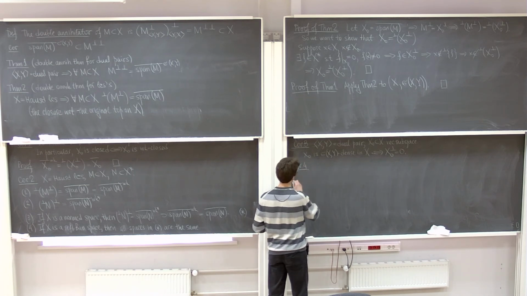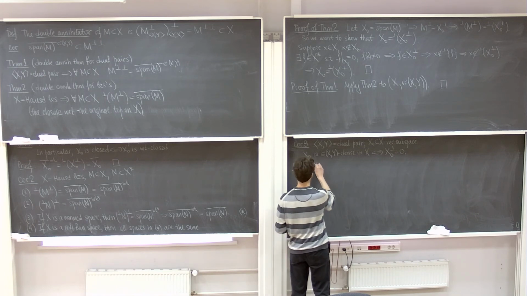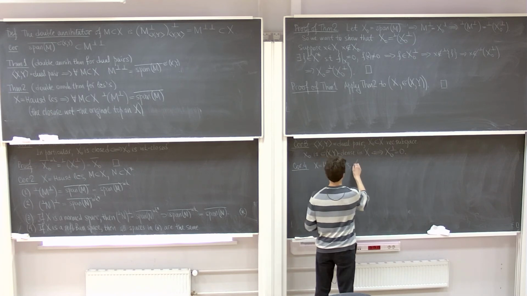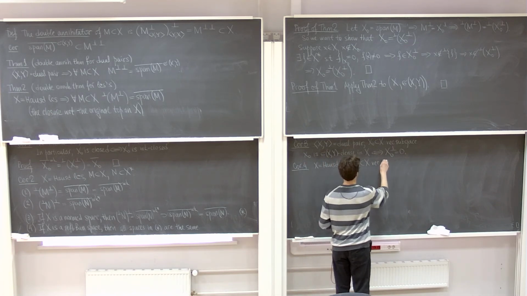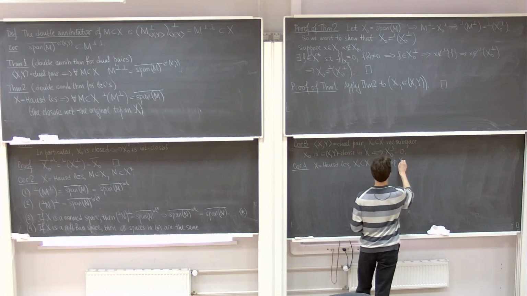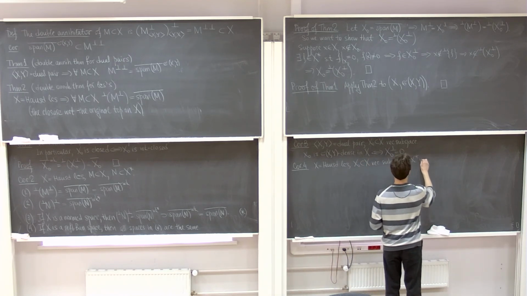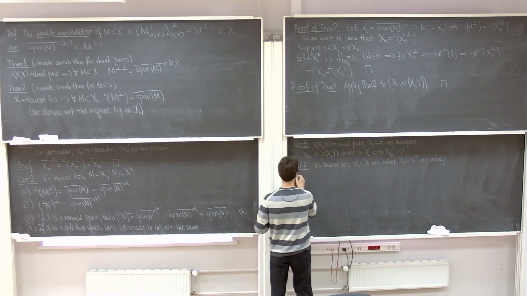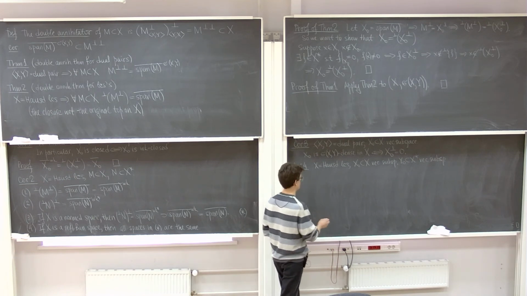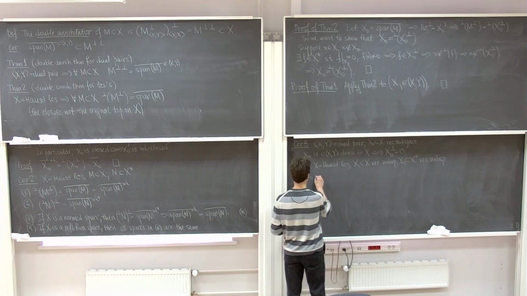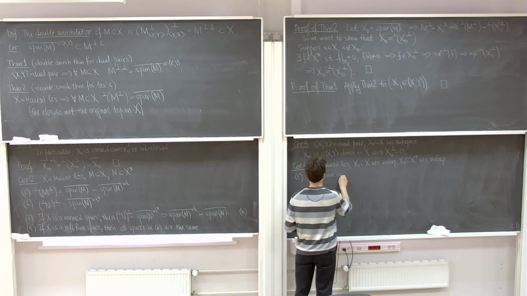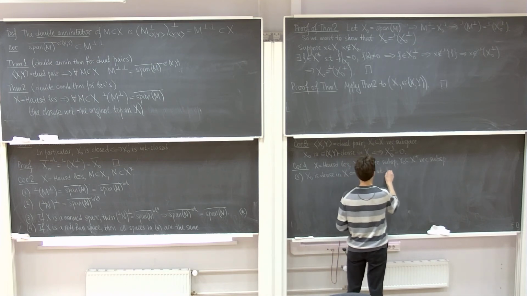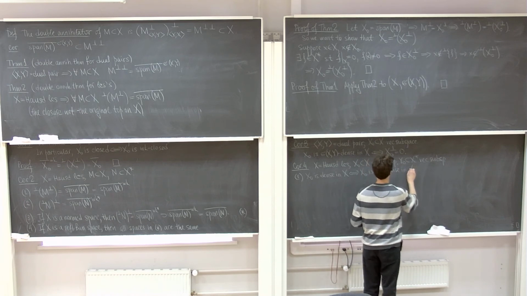Corollary 4. Suppose now that we have a Hausdorff locally convex space. X0 is a vector subspace in X, and Y0 is a vector subspace in X star, in the dual. Then I claim that X0 is dense with respect to the original topology if and only if it is weakly dense, if and only if the annihilator is 0.